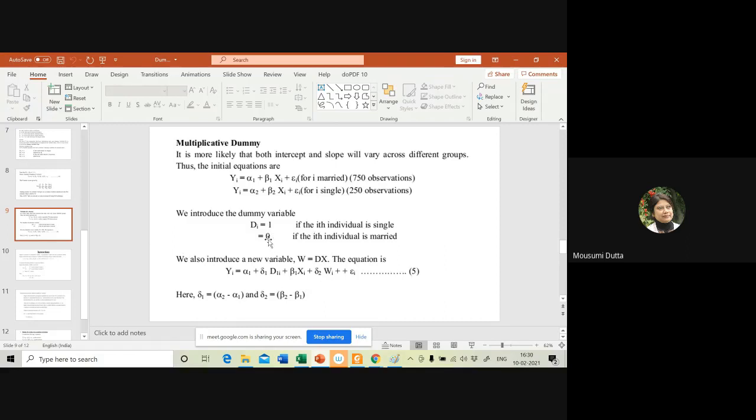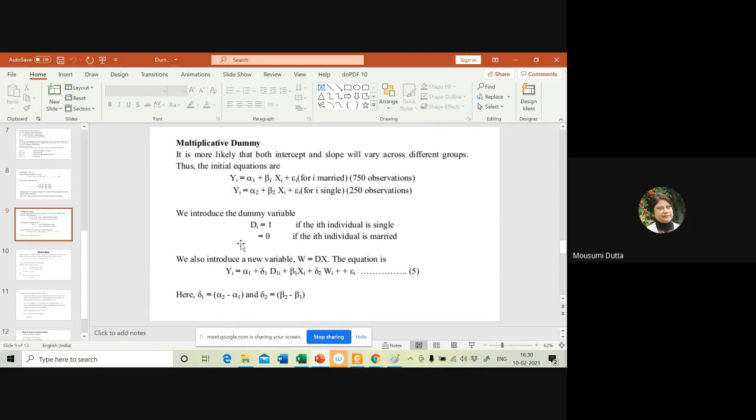However, when you are putting di is equal to 0, your intercept is alpha 1 and you are getting beta 1 xi because your d into x is equal to 0, plus epsilon i. So you are getting back the first equation. So when you are putting di is equal to 1, you are getting back the second equation. When you are putting di is equal to 0, you are getting back the first equation.